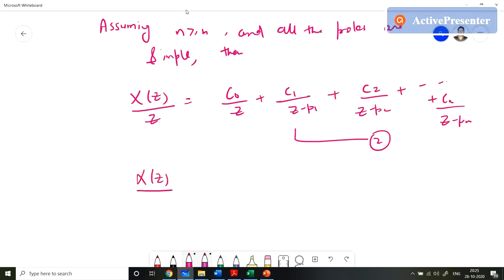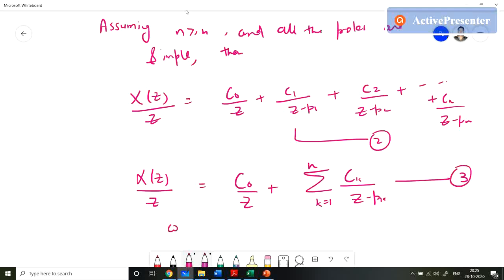We can find X(z) divided by z by this relation, and we can summarize these terms in the form of a summation. So it is equal to c0 divided by z plus summation k equals 1 to n of ck divided by (z minus pk).